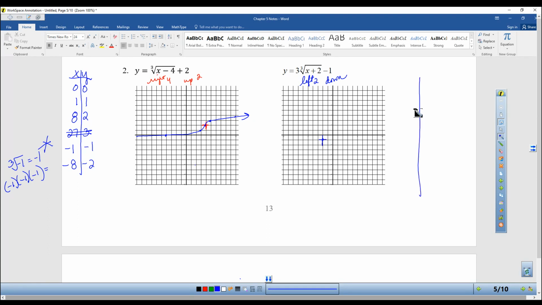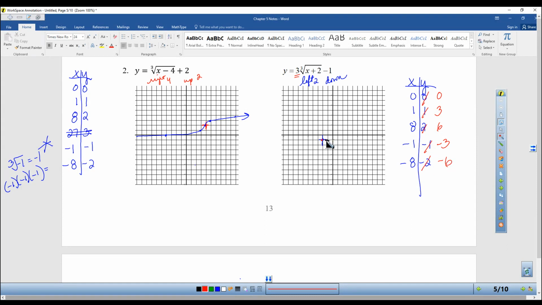I'm going to make my table with the points that I know and love. 0, 0, 1, 1, 8, 2, negative 1, and negative 8, negative 2. I should see this on everybody's paper. And then because there's a 3 out front, I'm going to multiply them all by 3. And those are the points I'm going to plot.